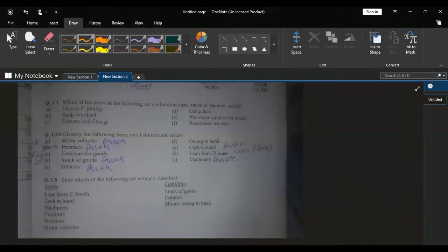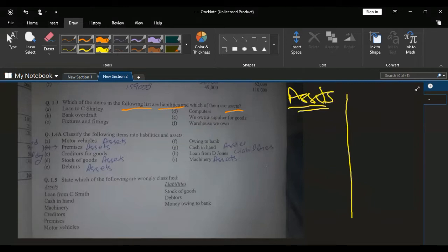The question is: which of the following items in the list are liabilities and which are assets? So let's start. Prepare an asset list and liabilities list.